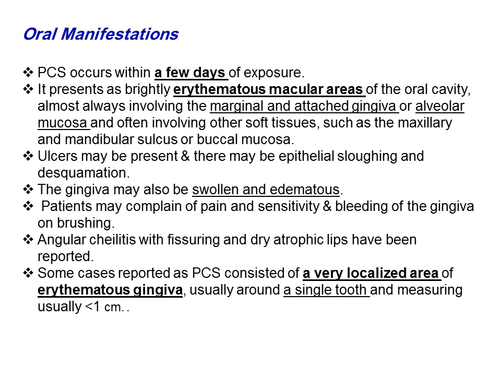Patients feel pain and sensitivity, with bleeding of the gingiva on brushing. Angular cheilitis with fissuring and dry atrophic lips have also been reported. Some cases of plasma cell stomatitis consist of a very localized area of erythematous gingiva, usually around a single tooth and measuring less than 1 centimeter.